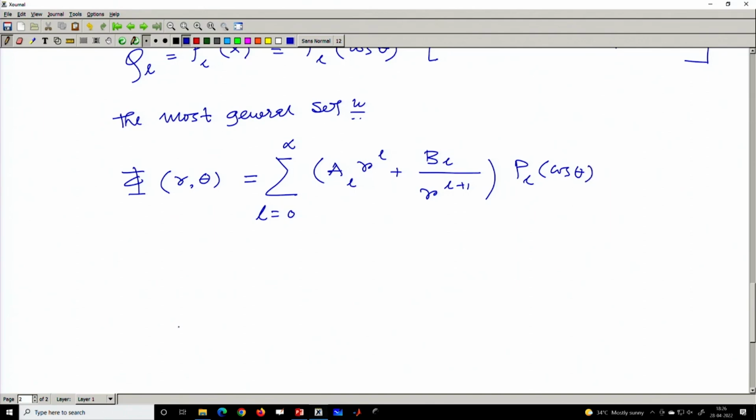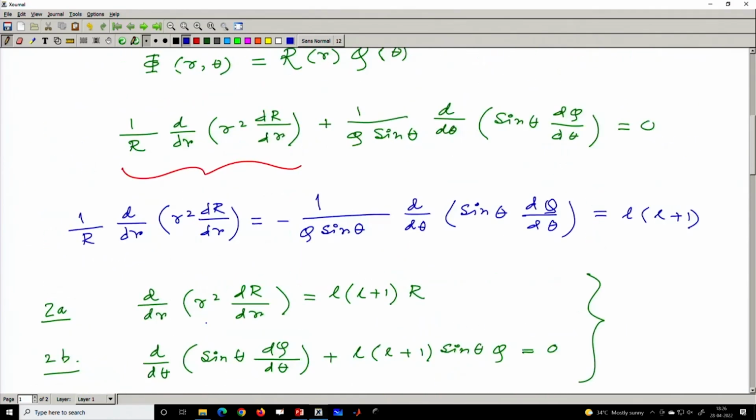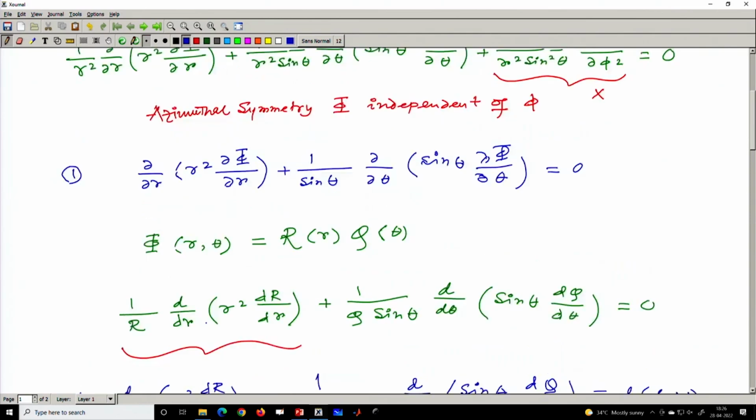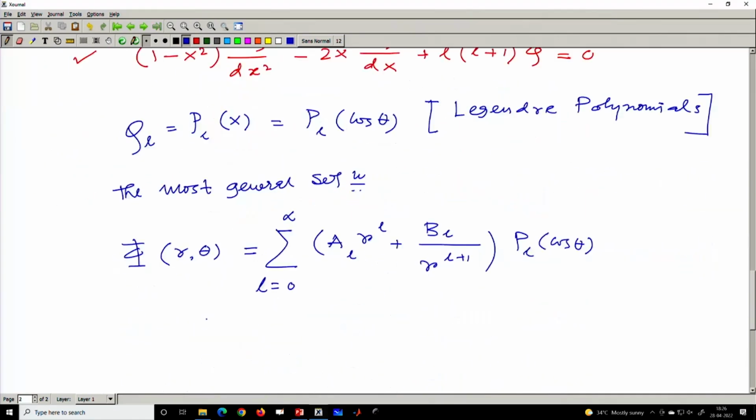So, this is the way the potential will vary for the two dimensional case when the system has a spherical symmetry. So, let us do one example.